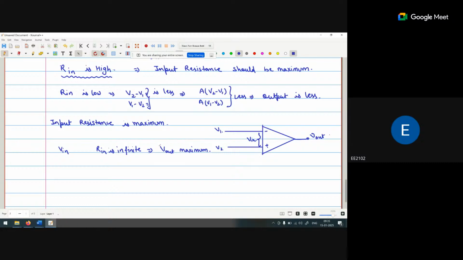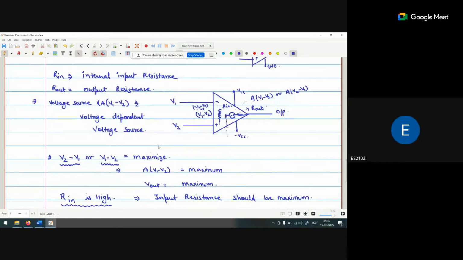Okay. And what is the value of V out? This operational amplifier will multiply with the gain A, because if you go into the internal part, it is A times (V1 minus V2). So V1 minus V2 is V in. If I apply the V in here, we are getting the V out here.